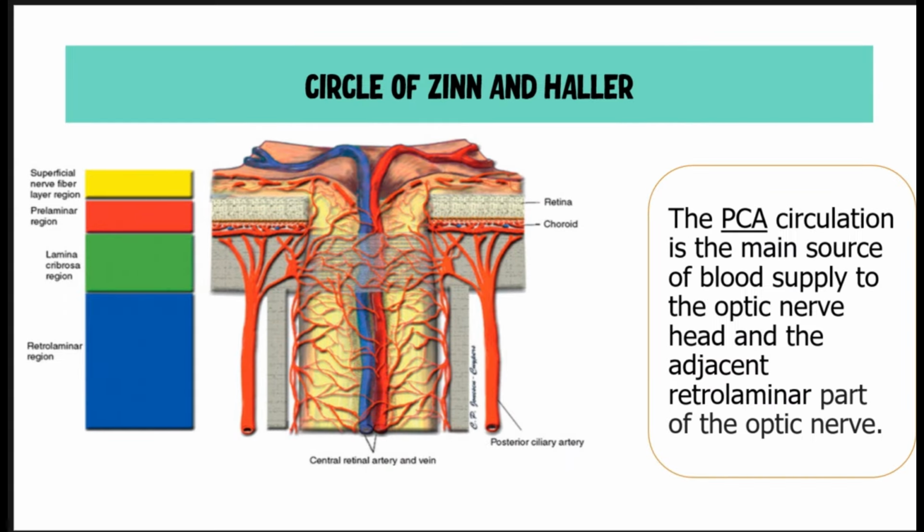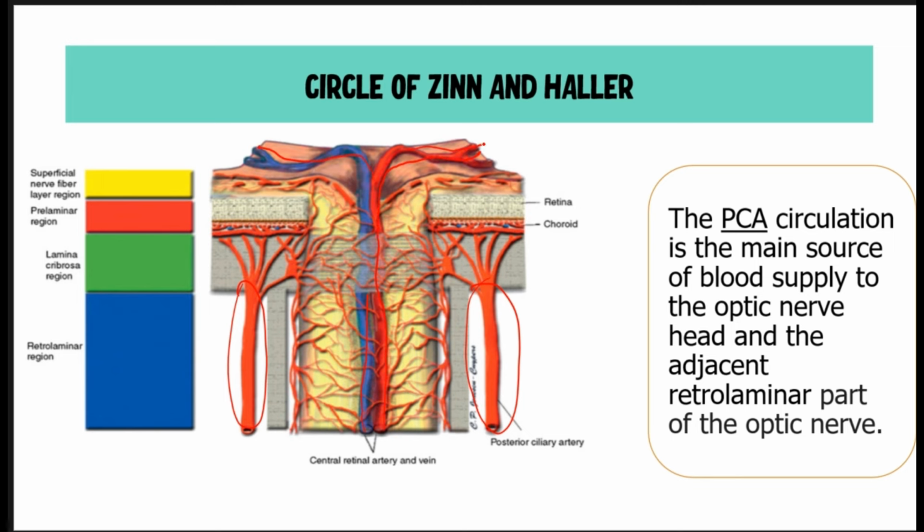Here this image tells you about the circle of Zinn and Haller. And if you notice, these two branches here are the short posterior ciliary arteries. You can see all this anastomotic blood supply, most of it coming from the short posterior ciliary arteries. The central retinal artery travels in the center of the optic nerve and then supplies the retina.